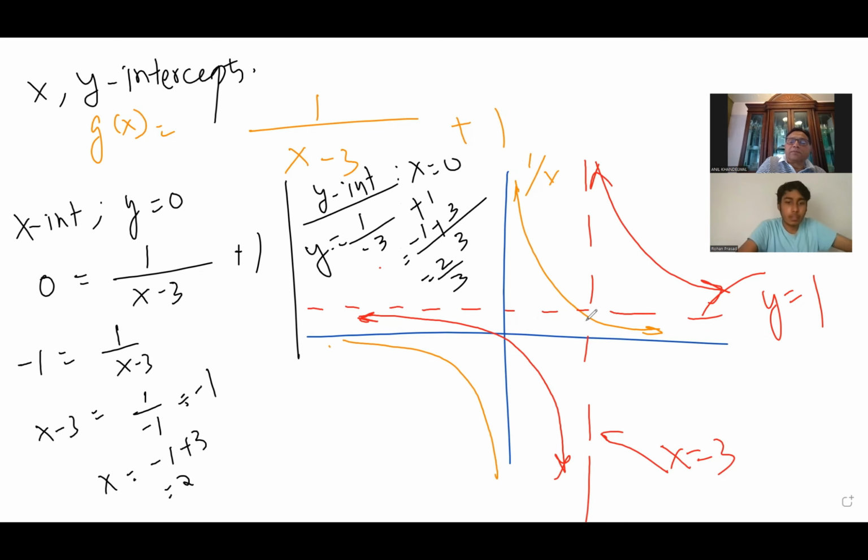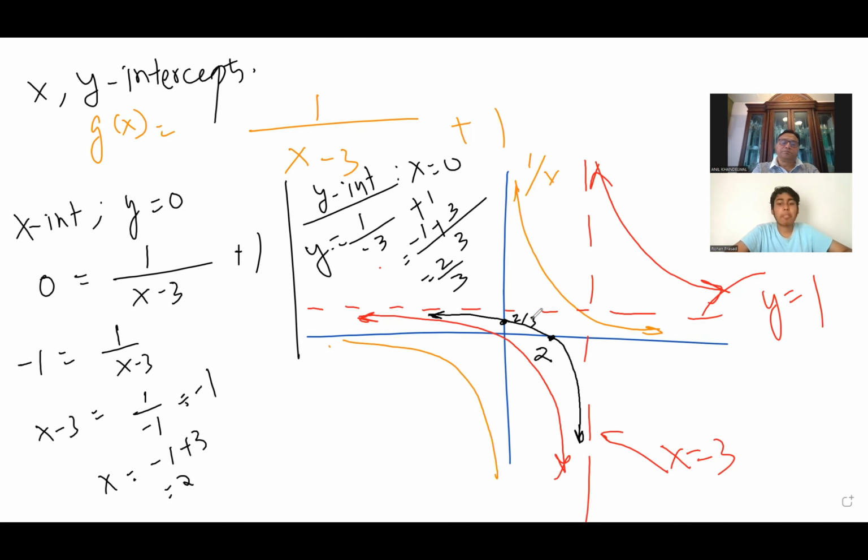So truly speaking, the graph will be kind of like this. You see that? Okay, sir. This point will be 2 over 3, and this point will be 2. You get the idea?